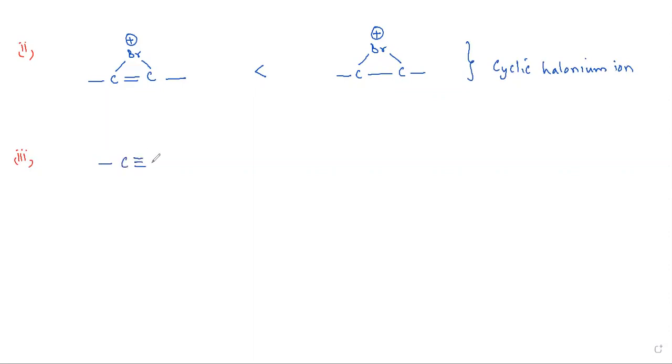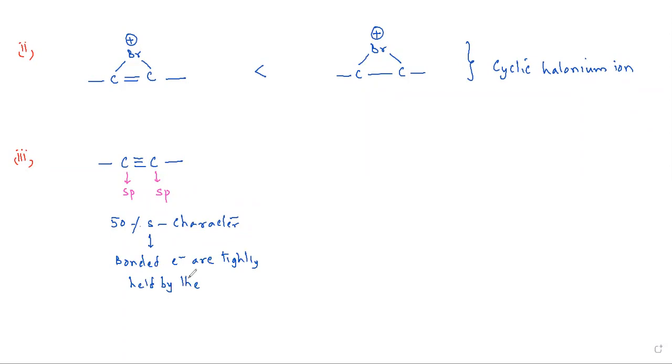Coming to the triple bonded carbon, we know that they are of sp type. And we also know that with sp hybridization having 50% s character, bonded electrons are tightly held by the nucleus.